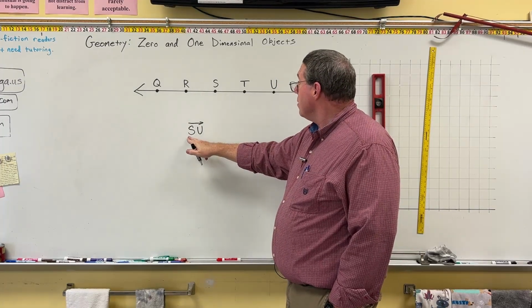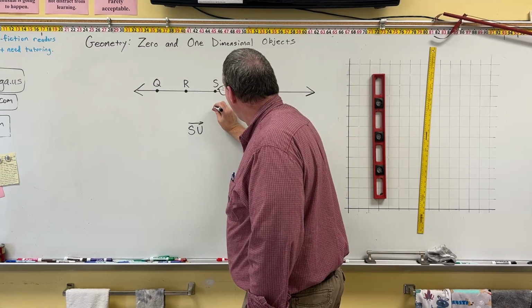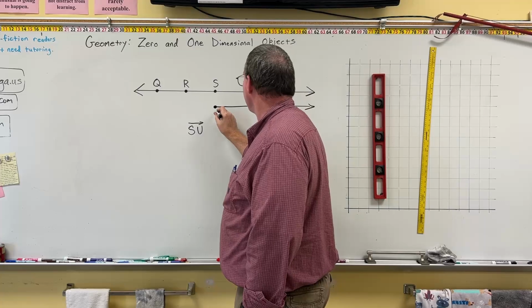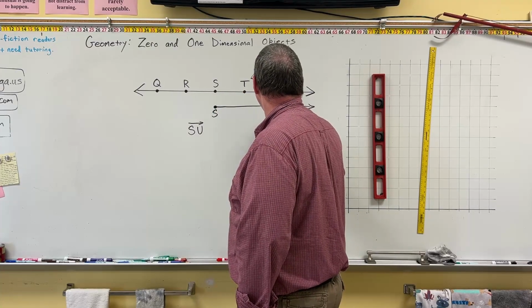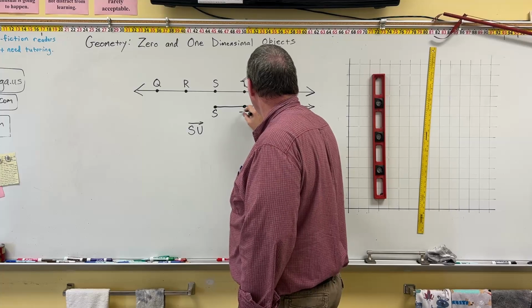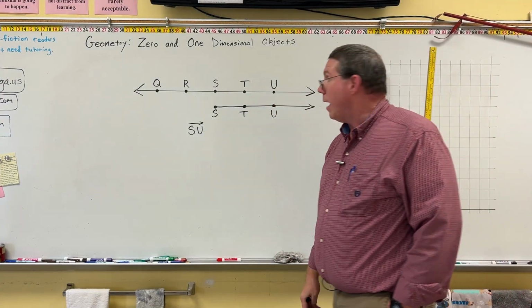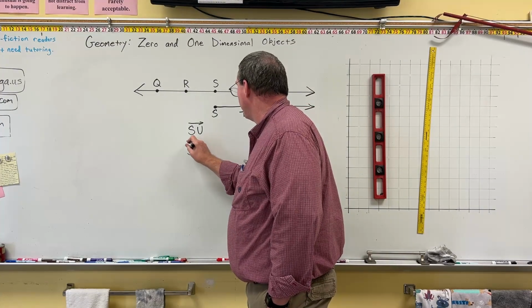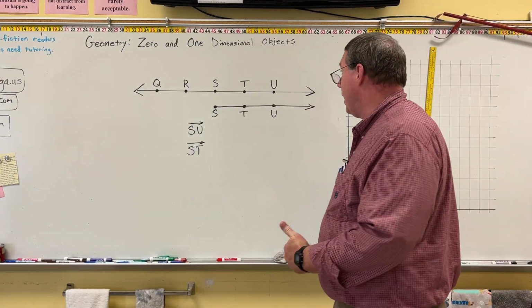The S means that this ray starts at S. It has an endpoint at S and extends in this direction. So this essentially is ray SU. Now note that the point T is on the ray SU, and we could just as easily have named this ray ST if we wanted to. It would be the same ray.